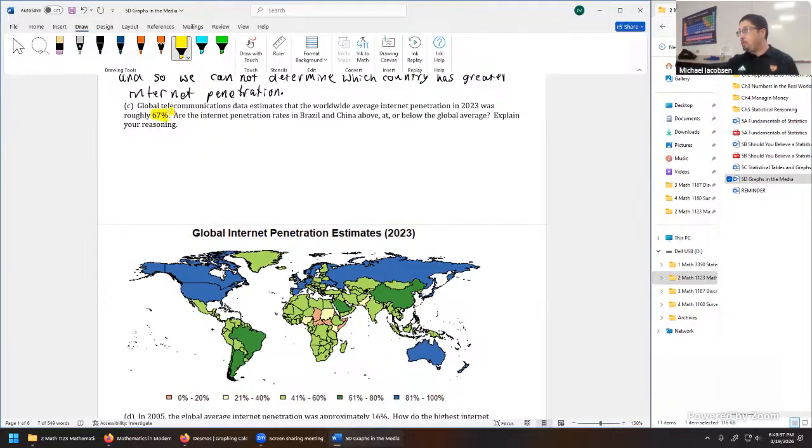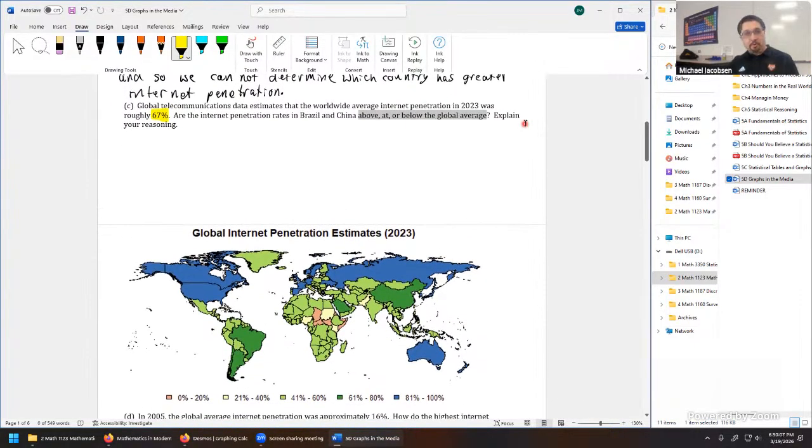So let's think about this question so far. It's a lot going on. We're looking into countries, Brazil and China specifically. We're wondering if we compare against the global average of 67% internet penetration, are these countries above, at, or below the global average? This question is weird, but we can explain our reasoning and still be okay on this question.